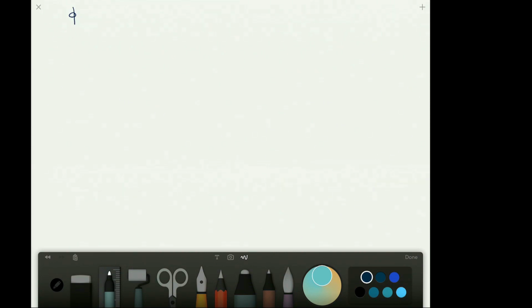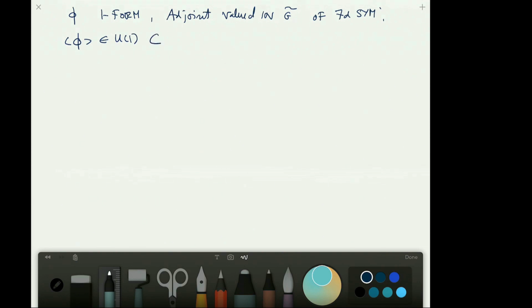Okay, so for simplicity, let's recap. So phi is a one form, and it's some adjoint valued in the gauge group, say G tilde, of the seven-dimensional supergravity Yang-Mills theory. This is the gauge group. The simplest way to now have a non-trivial gauge configuration is to allow phi to take a non-trivial vev in a U1 inside this G tilde.